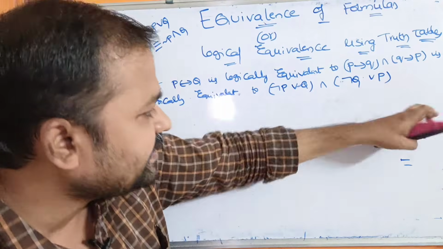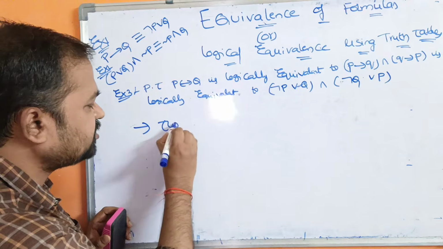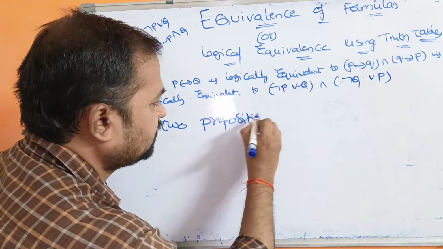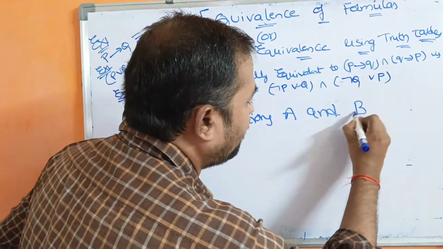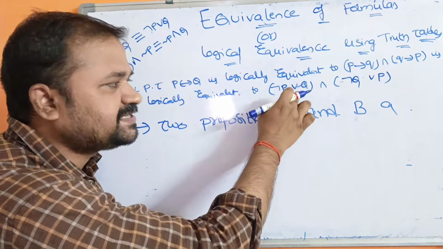So here the point is, two propositions A and B, where A means some compound proposition, because it contains some connectives also.